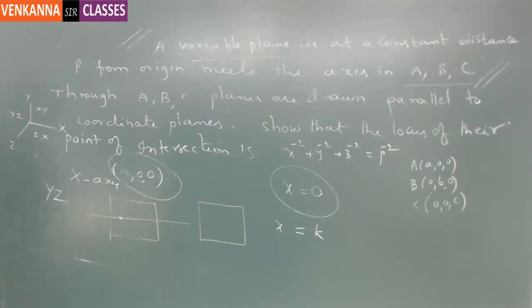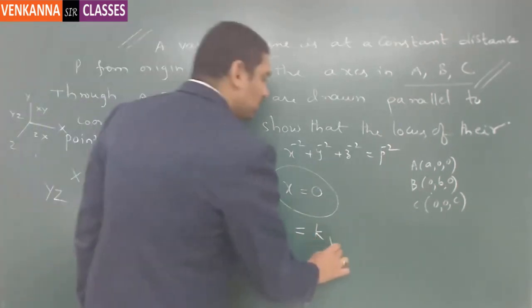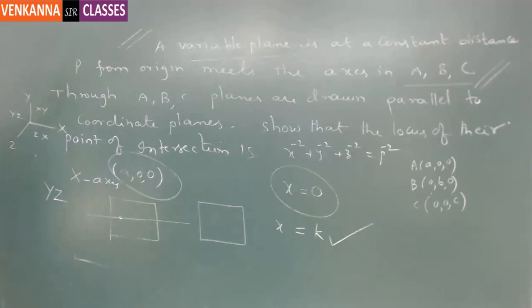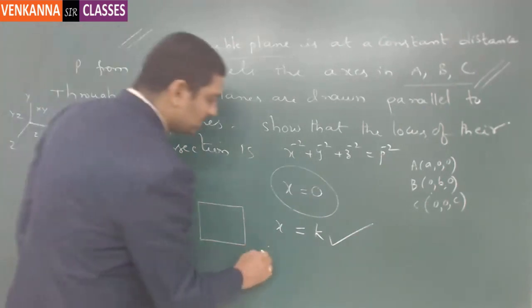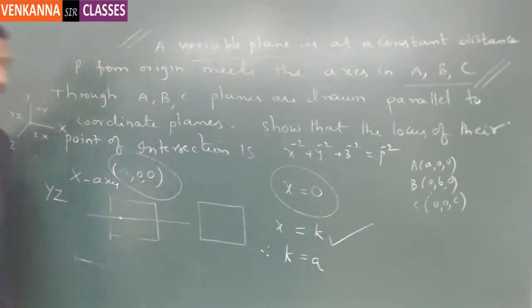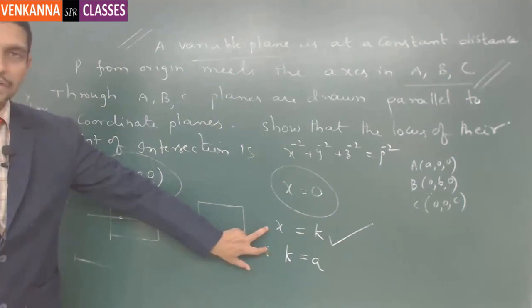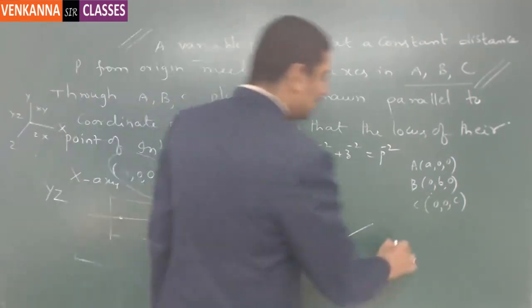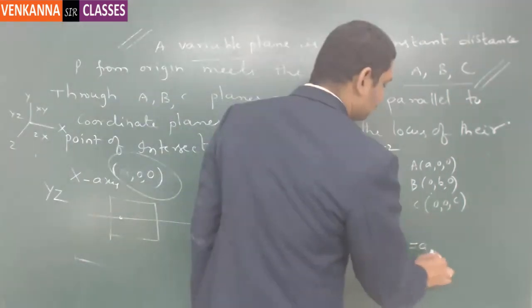Right. Since this plane also contains the point (a, 0, 0), you substitute (a, 0, 0) there. Then you will get k is equal to a. So observing these two, we conclude that x is equal to a.